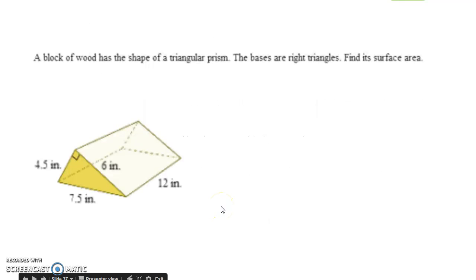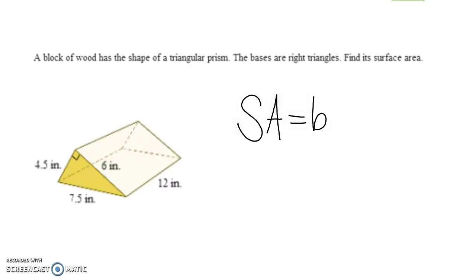Let's try one. All right. I'm going to start by writing my formula. Surface area equals BH plus PH. Base and the height of the triangle, perimeter of the triangle, height of the prism. So again, these are coming from the triangular base.